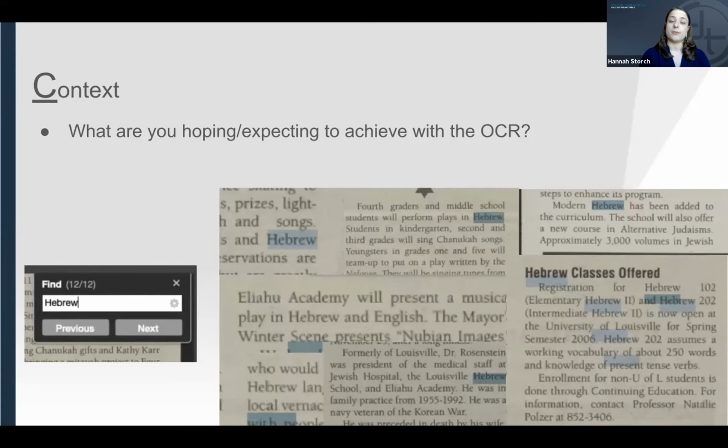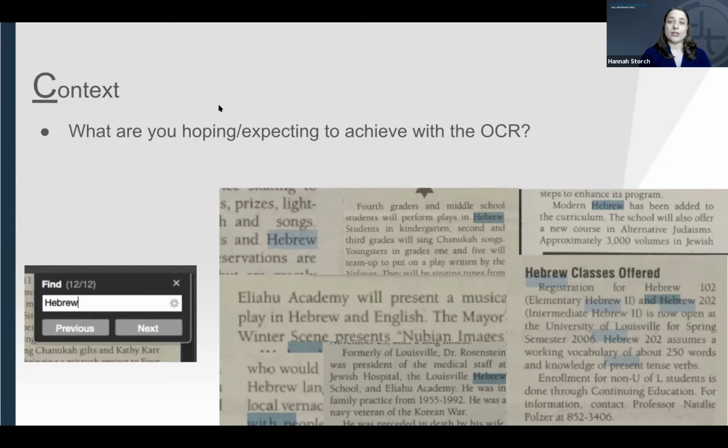So in this example pictured here, we recently digitized a collection of community periodicals relating to Jewish history. There wasn't a lot of initial metadata for this collection, but because of the creation of searchable PDFs, researchers could actually find pertinent information that they needed. So for example, what I've done here is I've searched for the word Hebrew within one periodical.